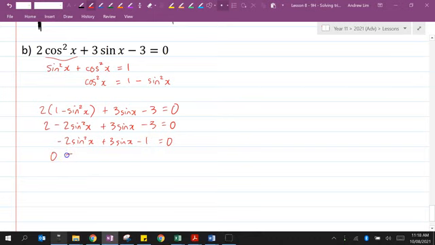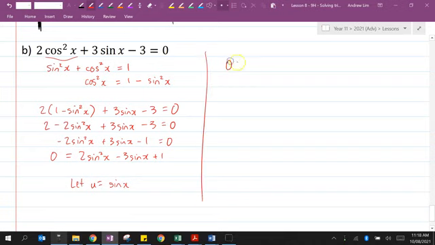So there'll be nothing left on the left hand side. We'll have 2 sine squared x minus 3 sine x plus 1. And now I'm going to use substitution. I'm going to let u equal sine x. That means I'm going to rewrite this as 0 is equal to 2u squared minus 3u plus 1.